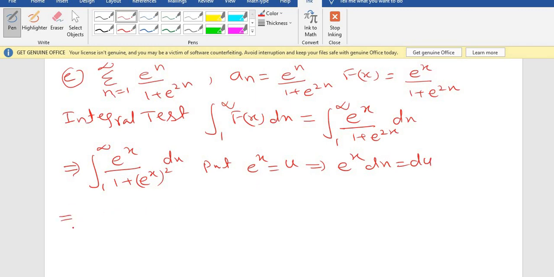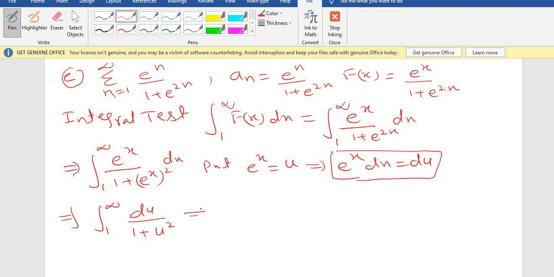So this integral now changes as 1 to infinity, e power x dx, which is du, divided by 1 plus e power x squared, which is u square. See that, e power x dx is du. So in place of this we can replace du, divided by 1 plus u square.